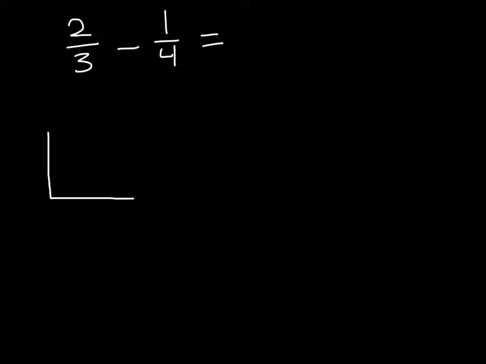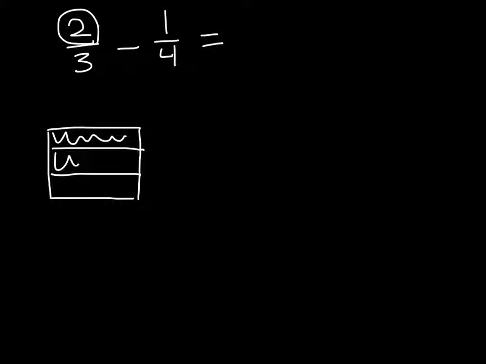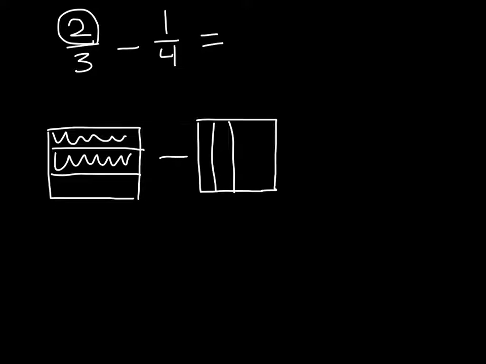We're going to draw our area model, and we will divide it into thirds, and since we have a 2 as the numerator, we make sure that we color in 2 parts, and we'll draw another area model which we will divide into 4 equal portions, and we will color in 1 of those parts.